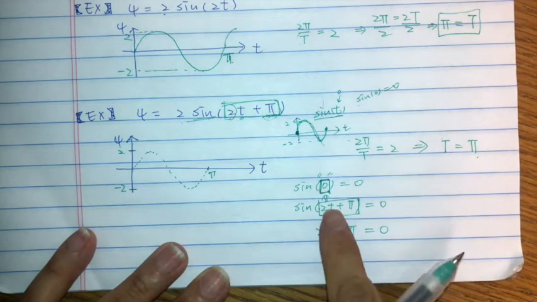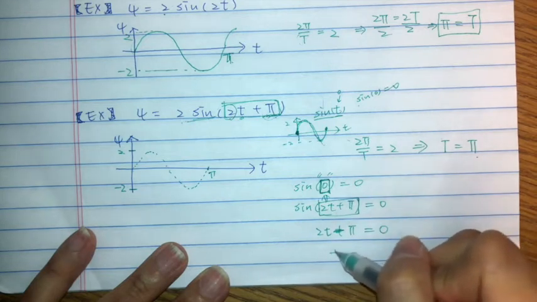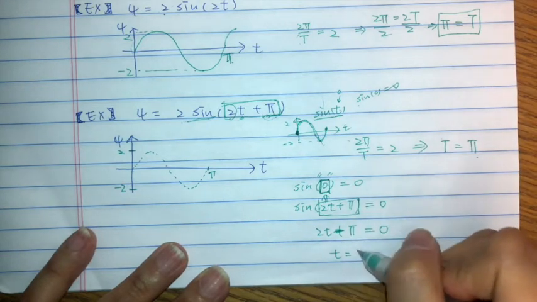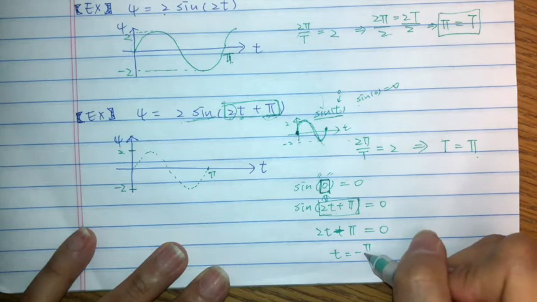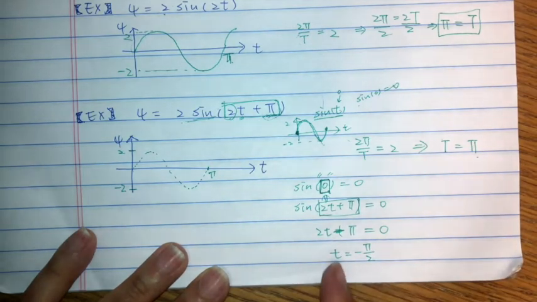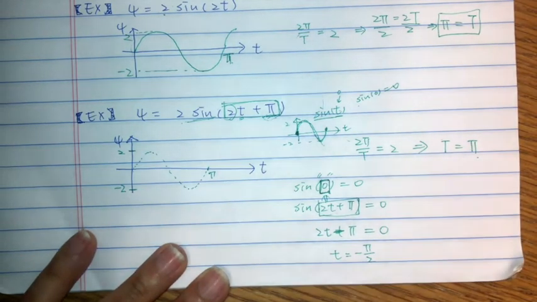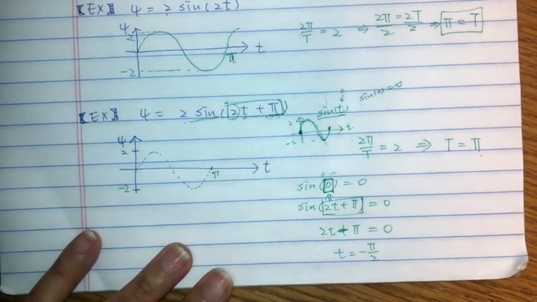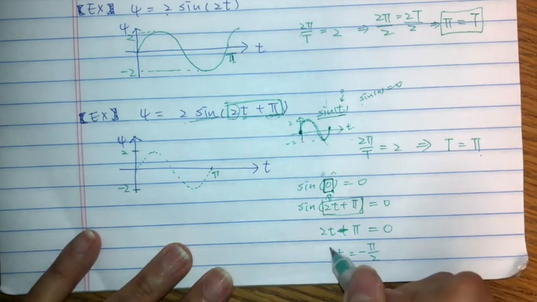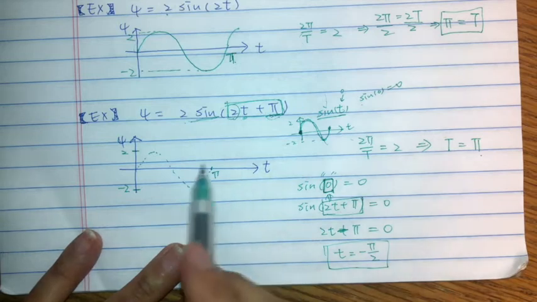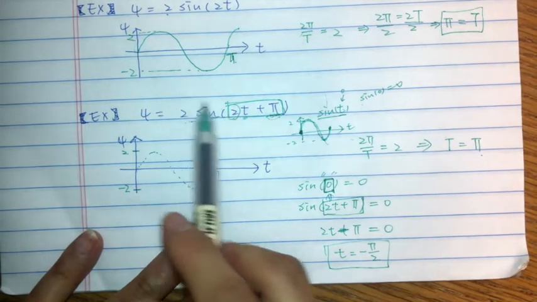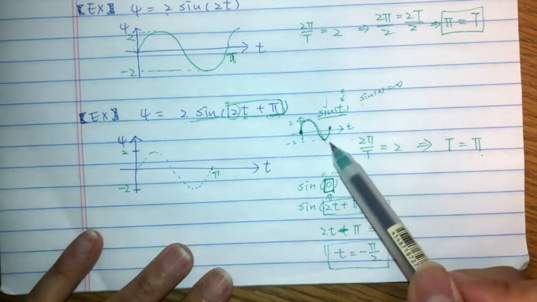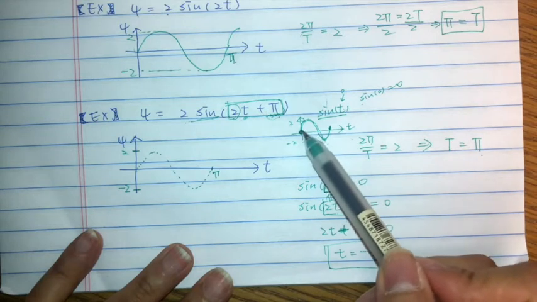This will be 0 when, after some algebra, t equals negative pi over 2. So you can see that this function is not really starting at t equals 0 anymore.